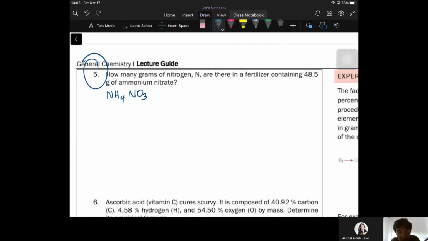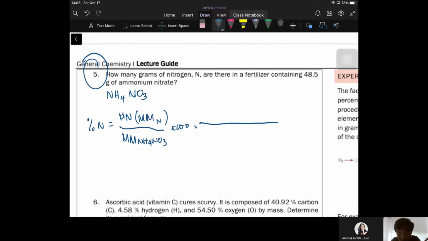So, hinahanap yung percent ng isang element. So, para mahanap mo yung percent ng element na yon, kunin mo uli yung percent mass ng nitrogen this time. So, that's the number of nitrogen atoms, the molar mass of nitrogen, divided by the molar mass of ammonium nitrate, times 100.